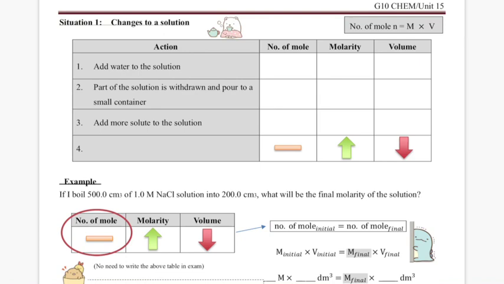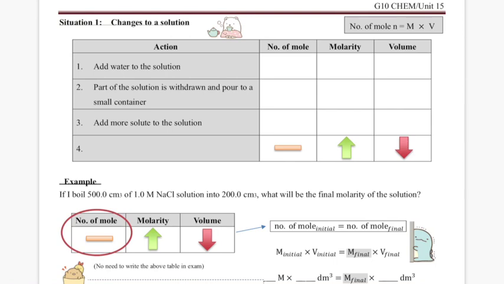Here it gives you a table. It lists some of the actions that may change the molarity of the solution. The molarity may also remain the same. I want you to fill in this table using the signs given here. If there is no change to that substance, for example, no change to the number of moles of the solute, then please use a dash to represent it.